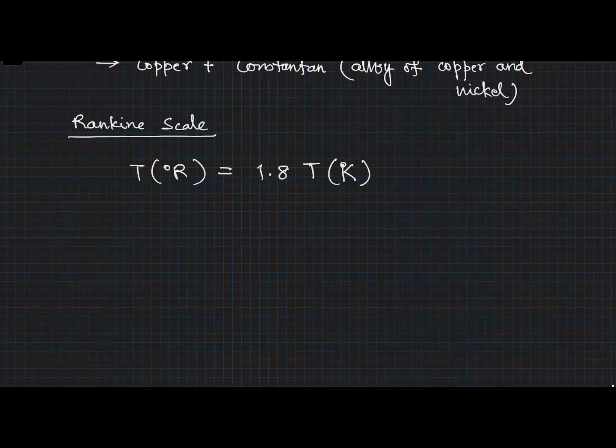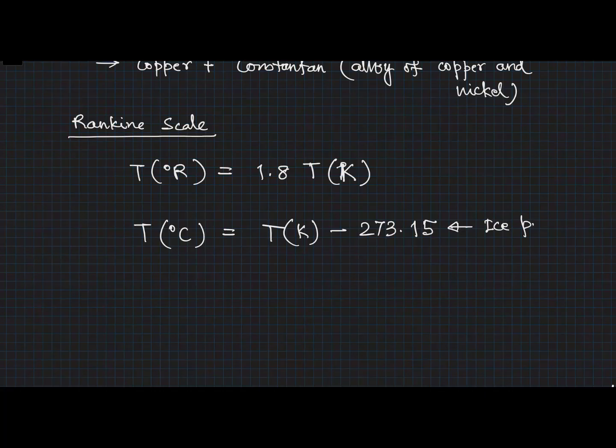And you see that Rankine is written with a degree sign, but Kelvin is not written with a degree sign. Again, temperature in degrees Celsius is equal to temperature in Kelvin minus this number, 273.15. And we will see what this number is. This number is nothing but the ice point of water. Okay.